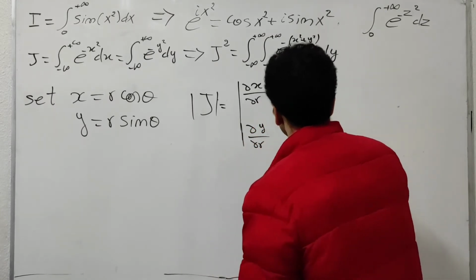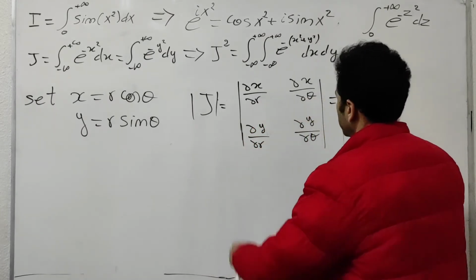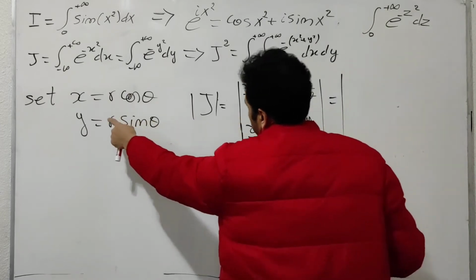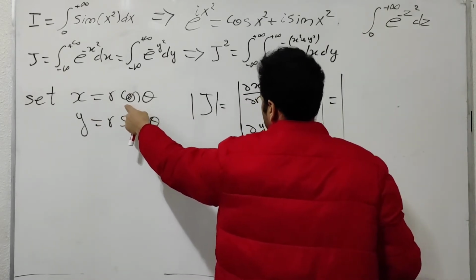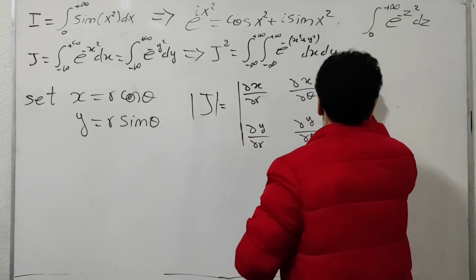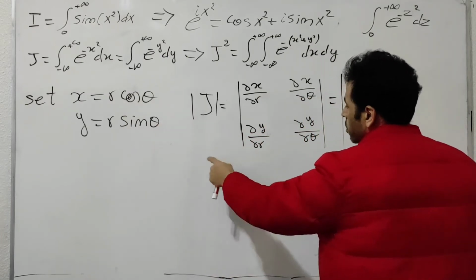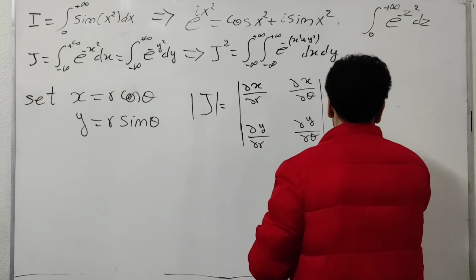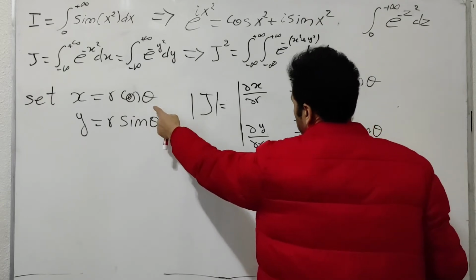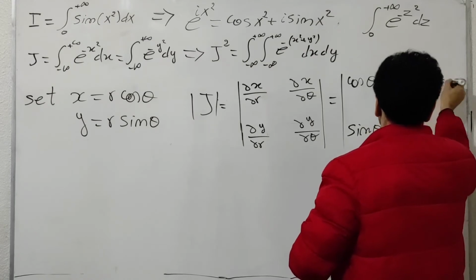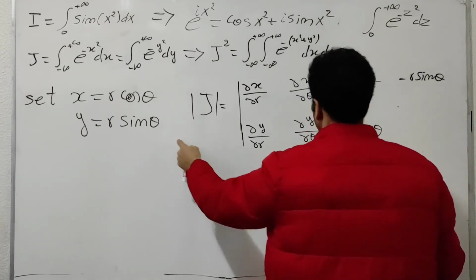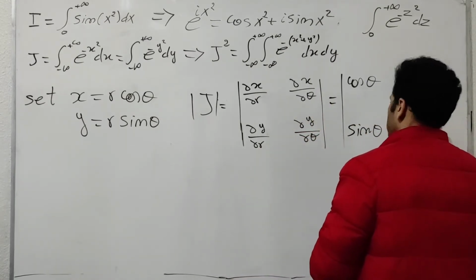Okay, so if you calculate this one, the partial derivative gives us cosine theta. This one is sine theta. This one is minus r sine theta. This one is r cosine theta.